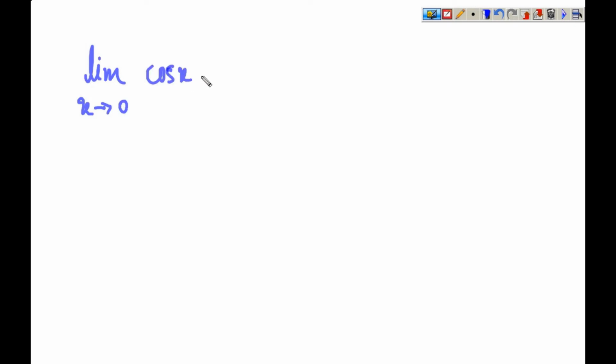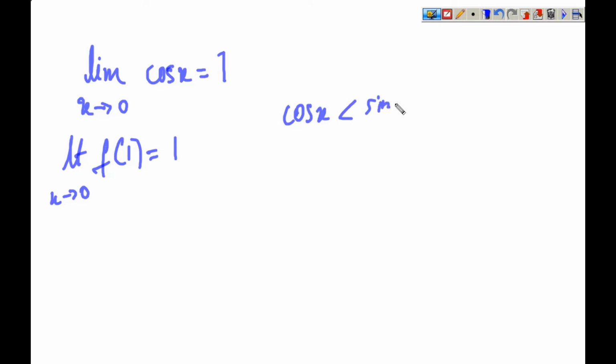Also, if we want to solve it, we can write limit as x approaches 0 of cos x equals 1. We know that because cos 0 is 1, and the function 1 will be 1 at any point. Therefore, since cos x is less than sin x by x is less than 1, automatically the limit as x approaches 0 of sin x by x equals 1.